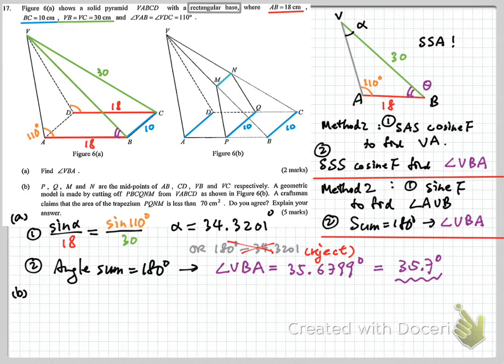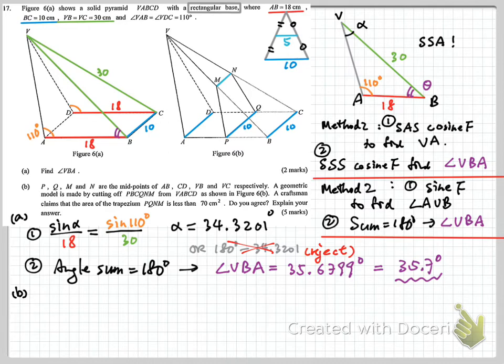How about MN? According to the midpoint theorem, in a triangle, if you mark the midpoints, then the separation between the midpoints is half that of the baseline. So if this is 10 down there, it should be 5 up here, because it is the midpoint of the triangle.